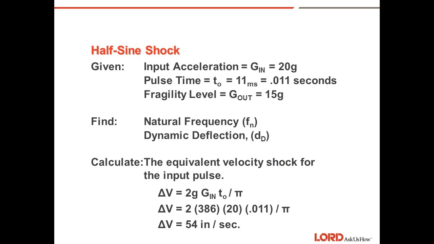The first thing that we need to do is calculate the equivalent velocity shock for the input pulse. Delta V is equal to 2 times G, the gravitational constant, times Gn, times T sub 0, divided by pi. Plugging in our knowns, we have 2 times 386 times 20 times 0.011 seconds, divided by pi. We have a change in velocity of 54 inches per second.